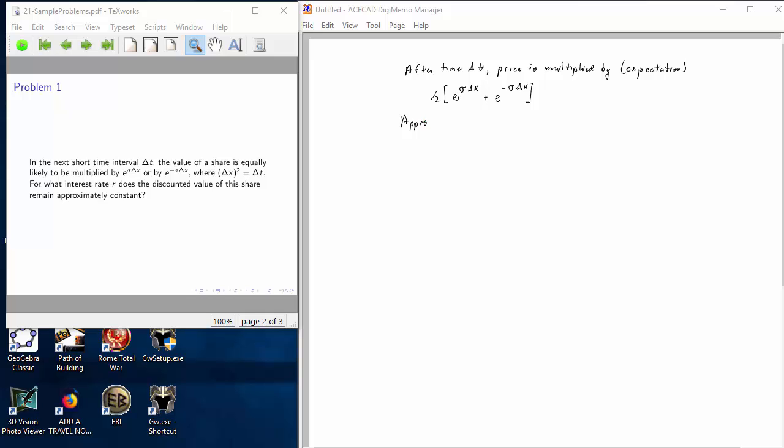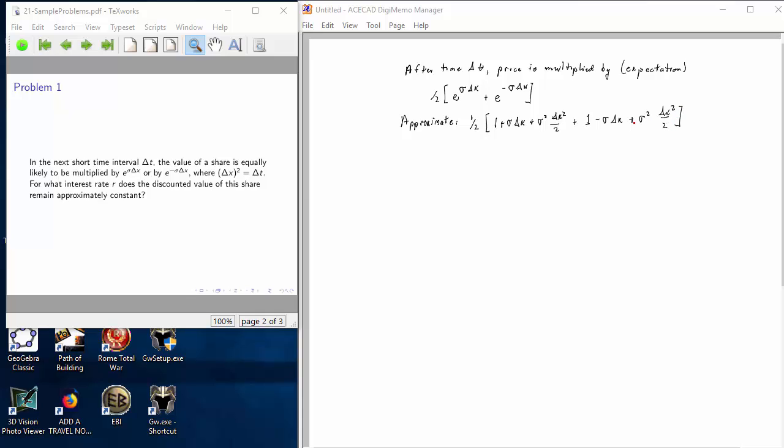And again, I'm going to approximate by using a Taylor series. So I have 1/2 times 1 plus sigma delta x plus sigma squared delta x squared over 2. Skipping the rest of the terms in the first Taylor series, I'll add on another 1 minus sigma delta x plus sigma squared delta x squared over 2.